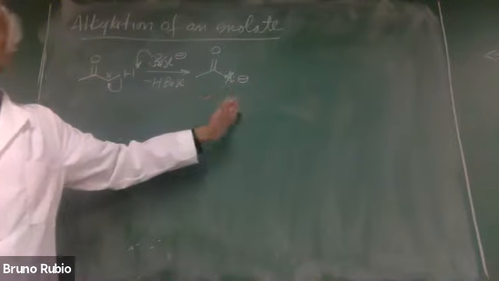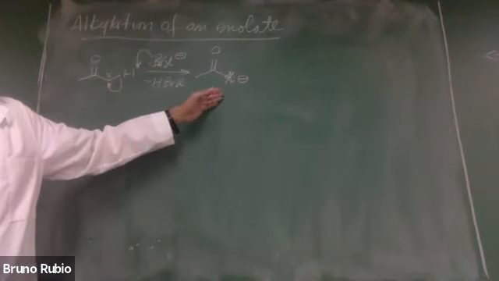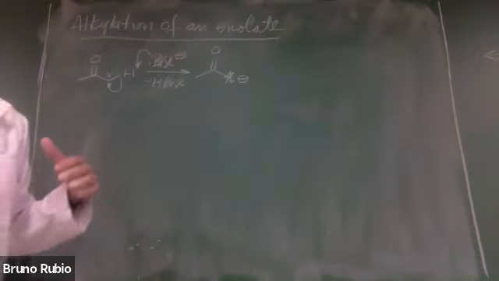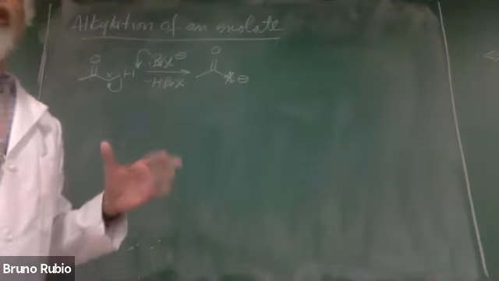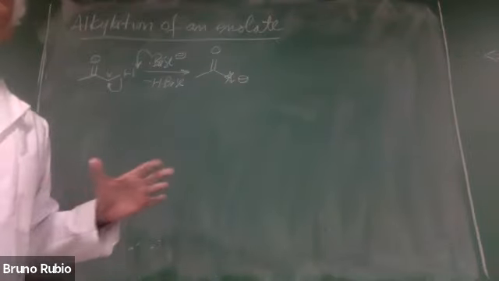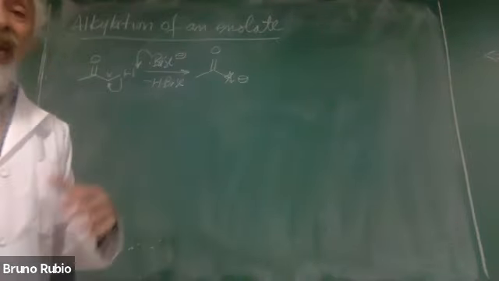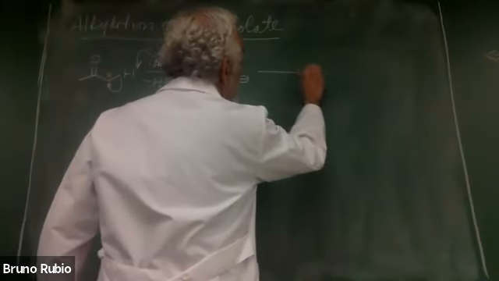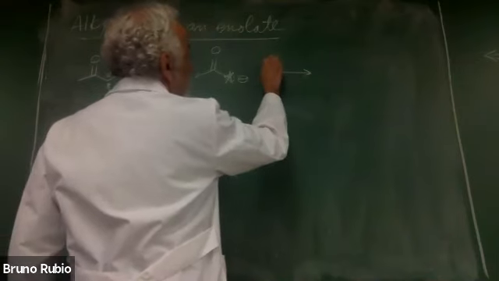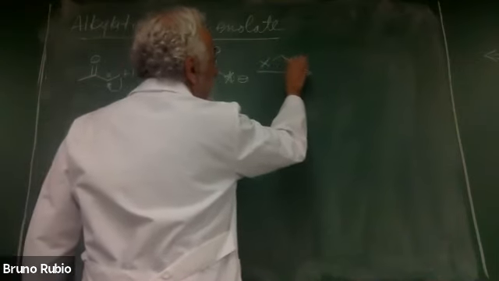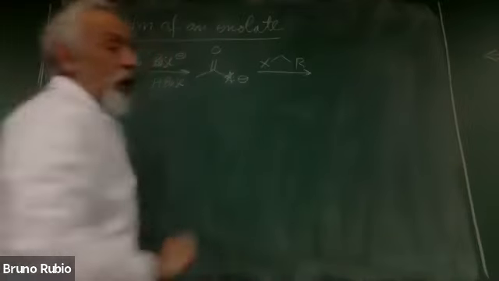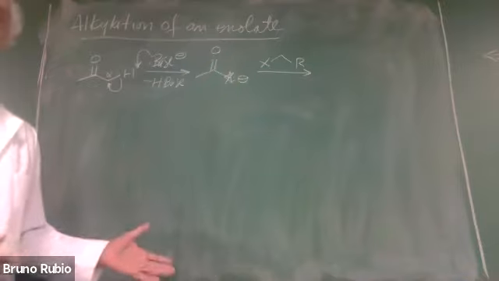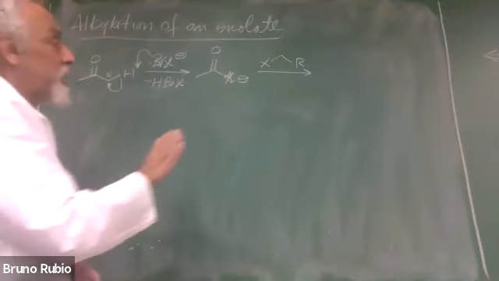In the alkylation of the enolate, this nucleophile now engages in an SN2 reaction in which it's going to displace one of our familiar leaving groups, like a halide or a tosylate. So in our second step, we react the enolate with something that has a leaving group. So I'm going to put an R there, and the leaving group can be, as I said, a halide or a tosylate.